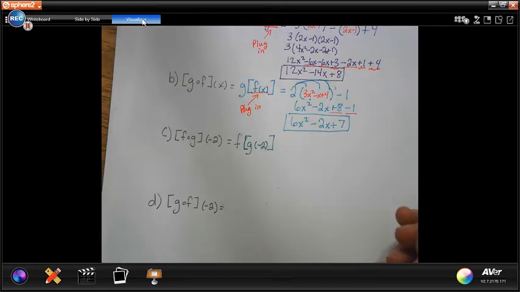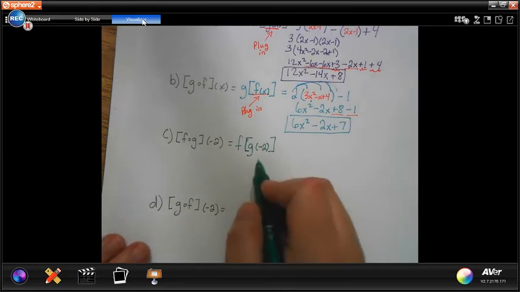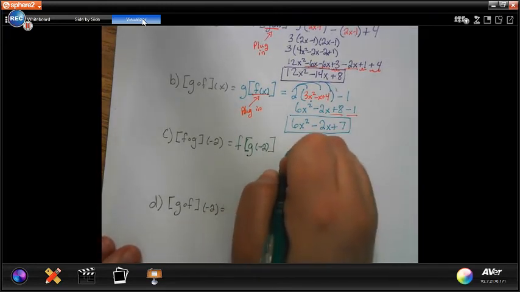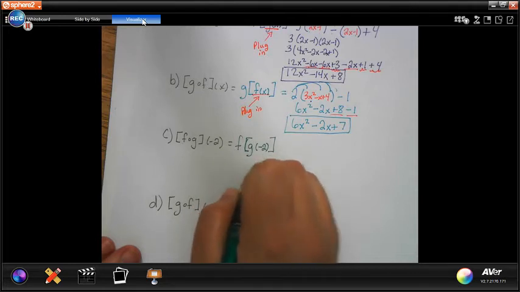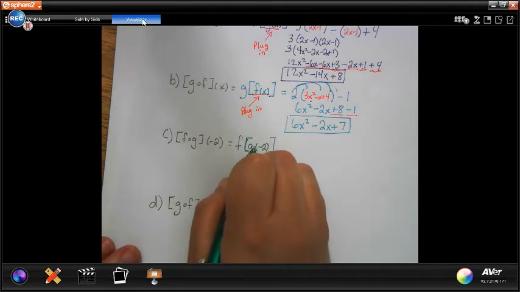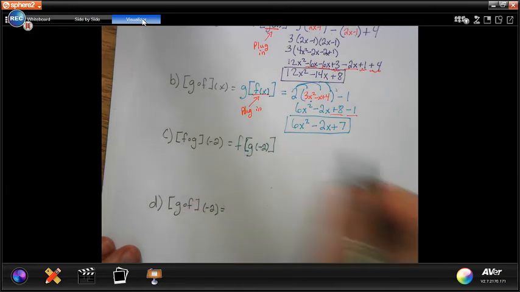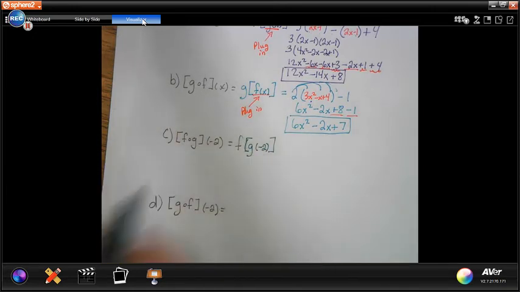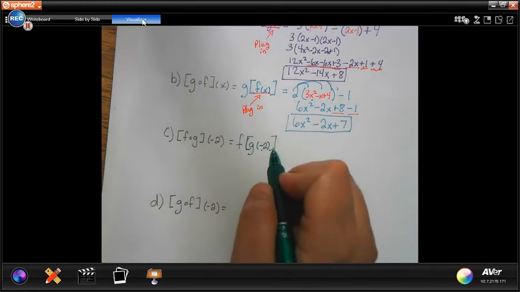So one way is to do the same thing that we did. Another way, and this is the way I like to do it, I like to do the inside one first and then plug it in. So this plugs in to g, and then g plugs into f. So it kind of works its way out. So -2 plugs into g.